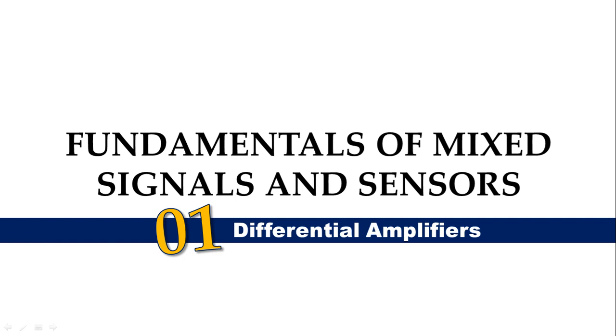Meron tayong tinatawag na single-ended differential input, and then double-ended differential input. And then, meron din tayong tinatawag na common mode operation. And then, lastly, we'll be able to define and determine yung tinatawag nating common mode rejection ratio sa mga differential amplifiers. Okay? So, let's start.